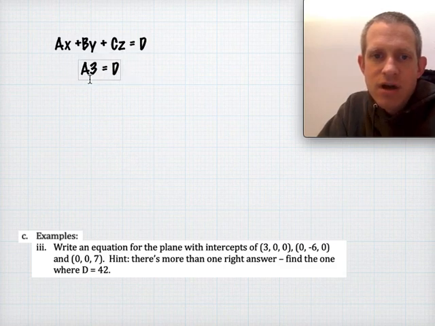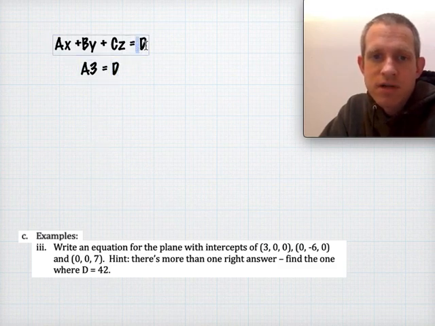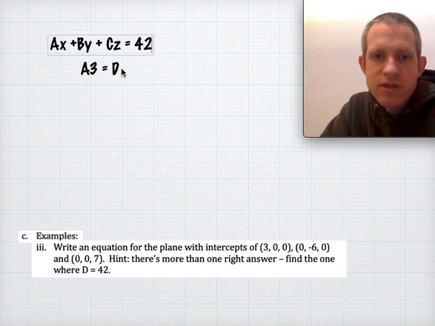And so we need to come up with an a and a d combination that makes this true. And I told you this is why there's lots of right answers, because you could pick any a and d so long as 3 times a is that number over there. And I said, let's make d be 42. So I can go up here and we're going to say d is 42.